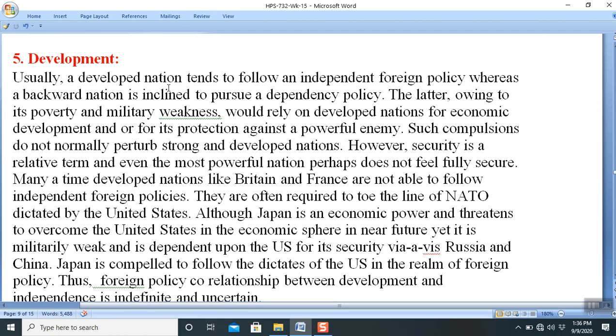Usually, a developed nation tends to follow an independent foreign policy, whereas a backward nation is inclined to pursue a dependency policy. The latter, owing to its poverty and military weakness, would rely on the developed nations for economic development and for its protection against the powerful enemy. It means that the countries that are developed have a free foreign policy, whereas the countries dependent in terms of defense and economic ties are always under pressure of the powerful country.